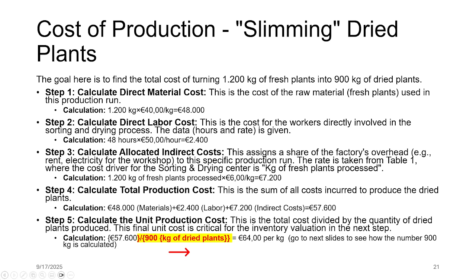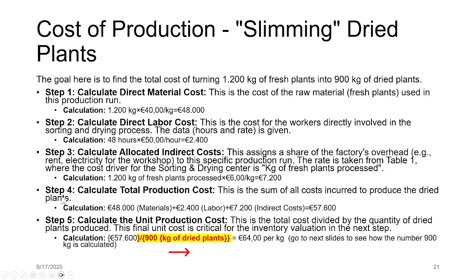The rate will be taken from Table 1, the indirect cost table, where the cost driver for the indirect cost in the sorting and drying center is a kilogram of fresh plant processed. So you will use the calculation: 1,000 kilograms of fresh plant processed multiplied by the cost driver unit of 6 euro per kilogram. So the total amount is 7,200.